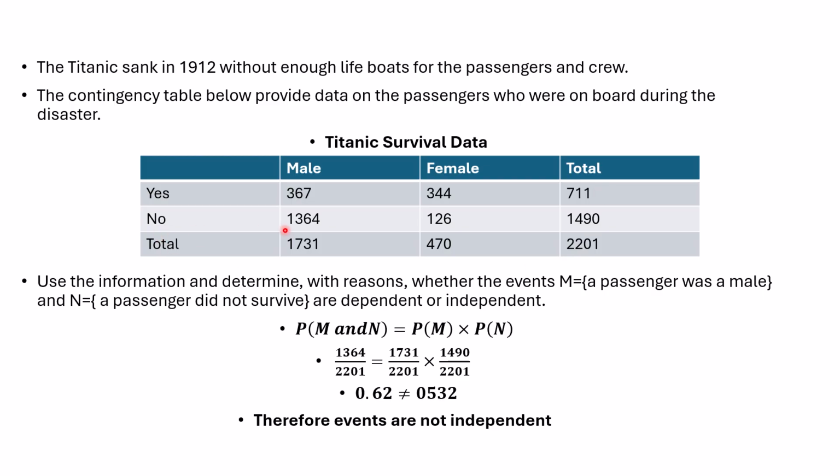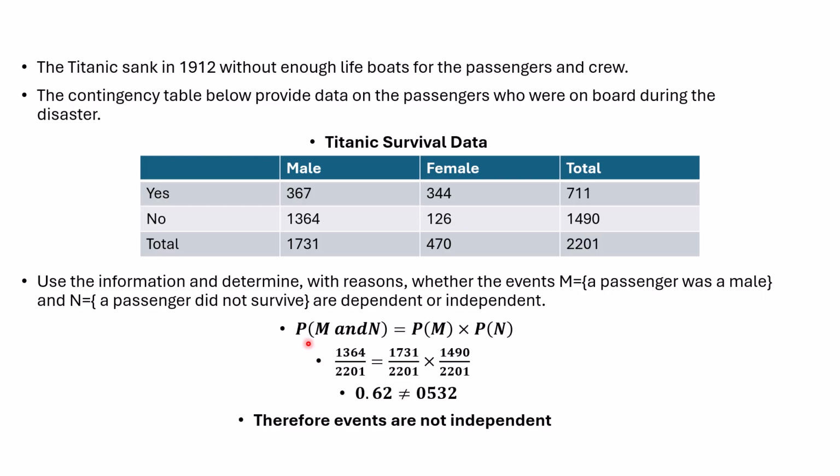Those that didn't make it: 1364 were males, 126 females, and 1490 in total. Right, so using the information, determine with reasons whether the events M, a passenger was a male, and N, a passenger didn't survive, no, are dependent or independent.